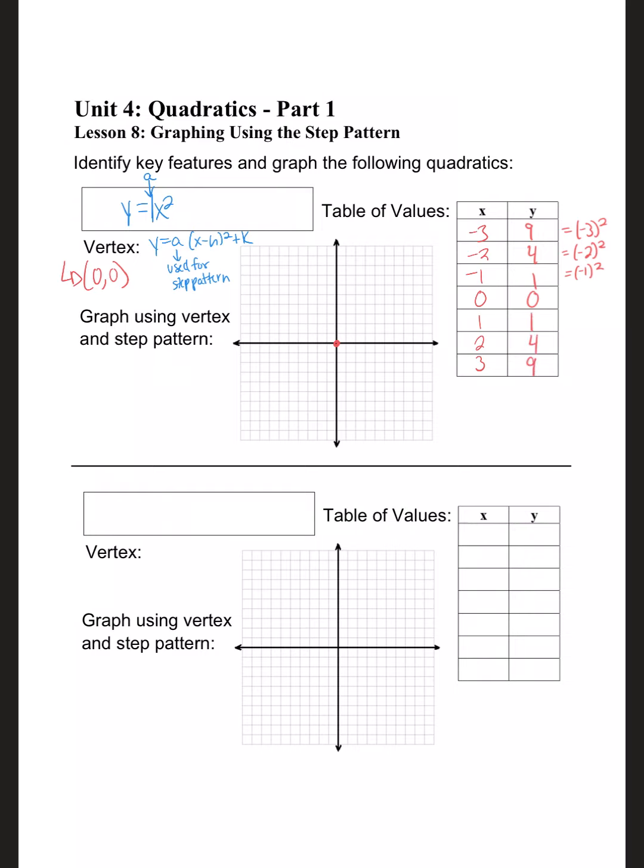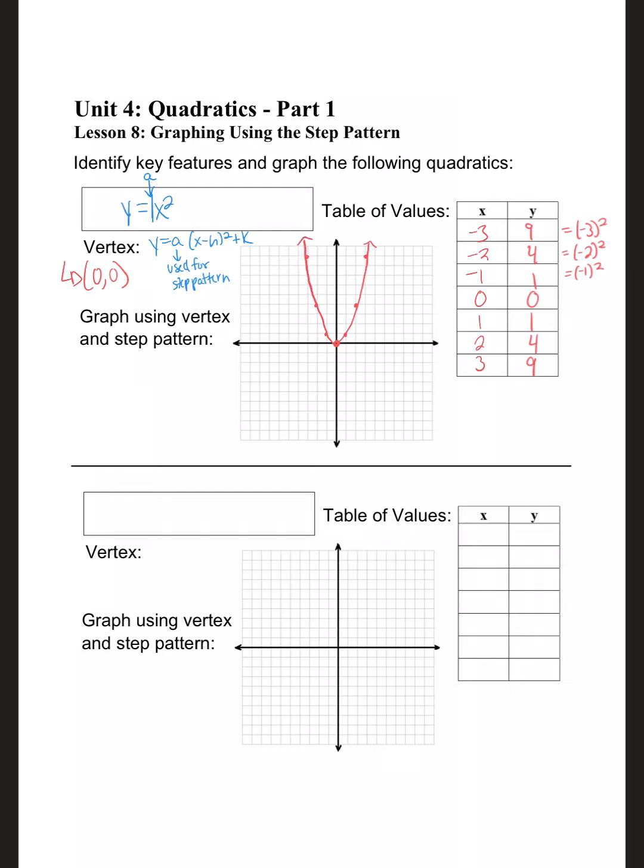Okay, so we are now going to plot those points. We're going to have 1, and then 2 and 4, and 3 and 9. And then we'll plot those points this way as well. And that's what our parabola is going to look like.